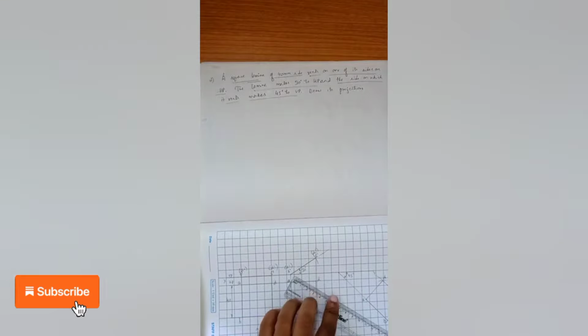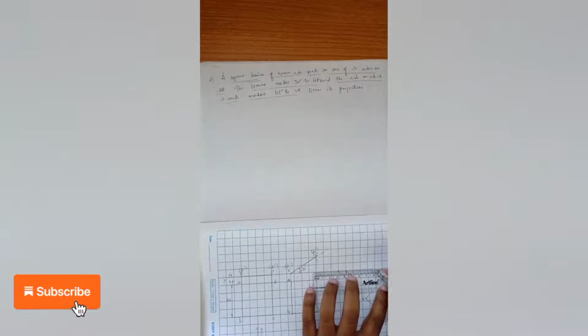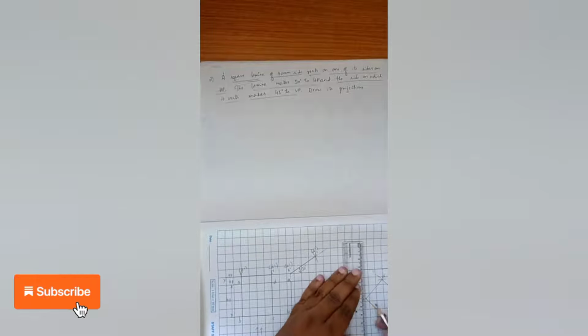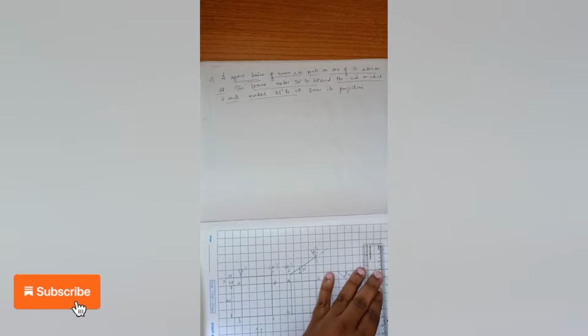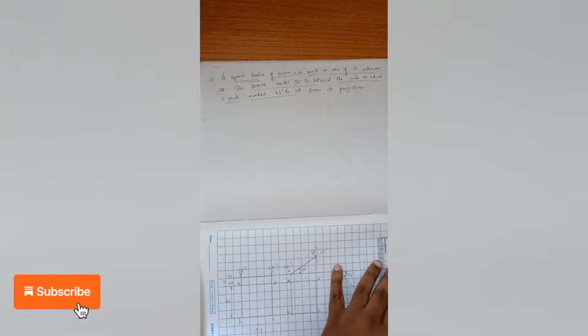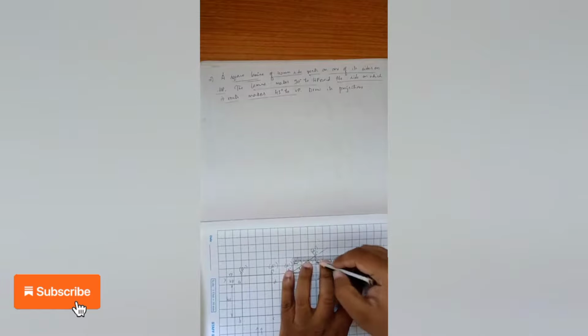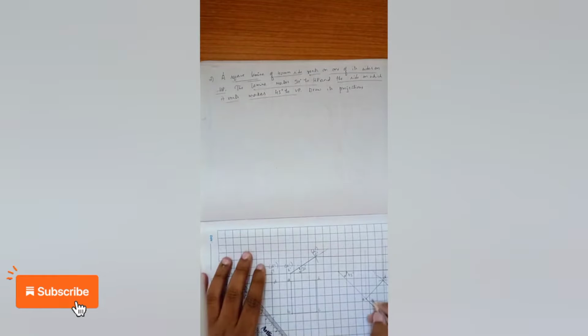Now we have to draw the final position. So I will be extending the XY line here. We are drawing the projection lines. Now we see this is the projection line from this front view. You see where these are merging, A and A dash.